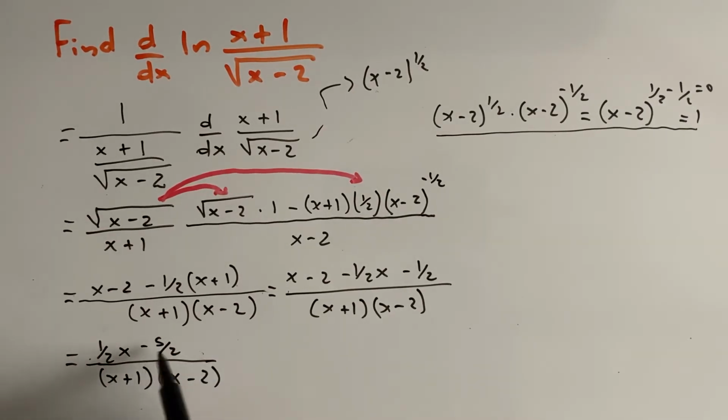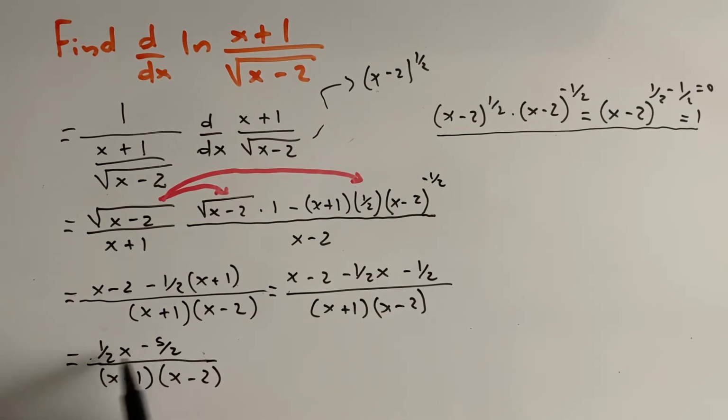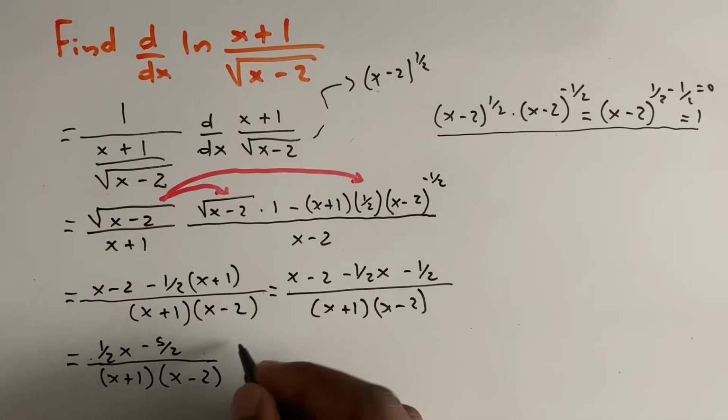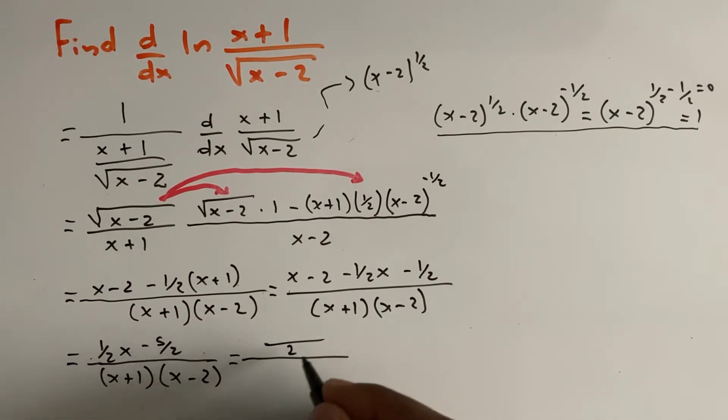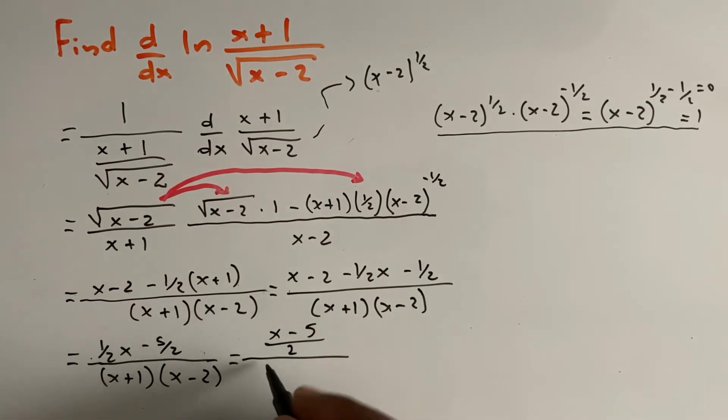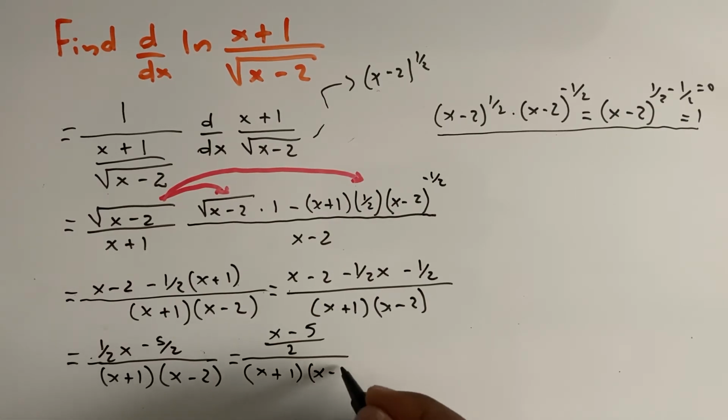As you know, the denominator is the same here. I'm showing this so everybody can see, but I know you know calculus. So this would be x minus 5 over 2, and the bottom part would be x plus 1 times x minus 2.